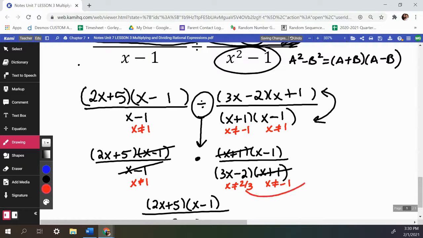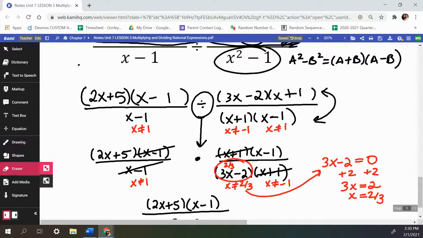I know that this is 2/3 because, again, we're trying to figure out what makes the denominator equal 0. If I add 2 to both sides, we get 3x equals 2. And if we divide both sides by 3, we get 2/3. So you can see if I plugged in 2/3, I would end up getting a factor that's equal to 0. Right? We don't want the denominator to be 0 because then the expression is undefined.